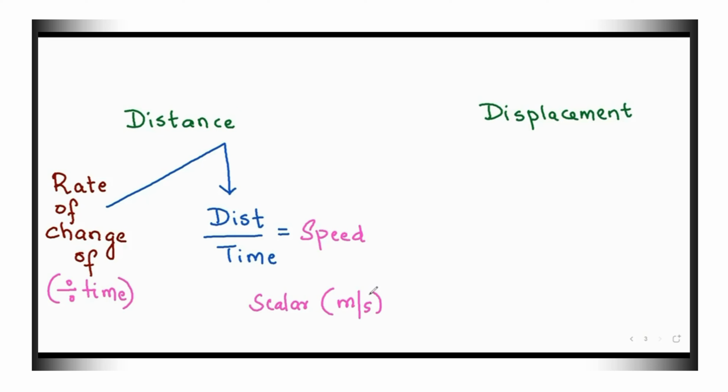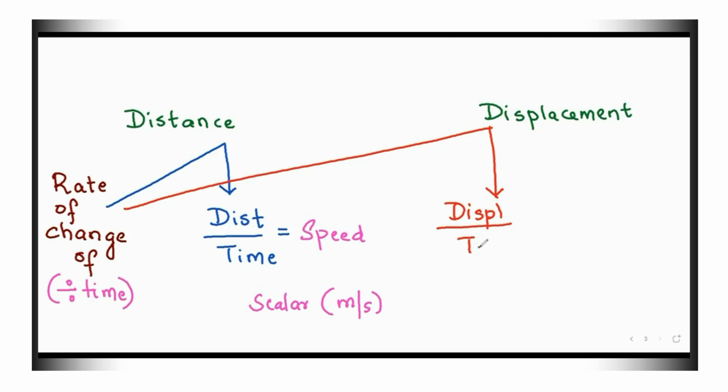Whereas rate of change of displacement, what do we call this as? This is displacement divided by time. Displacement divided by time, we call it as velocity. As it is displacement, it has a proper direction, and this type of a quantity, we call it as vector quantity, and the SI unit remains the same.